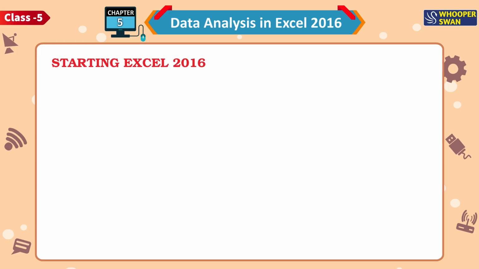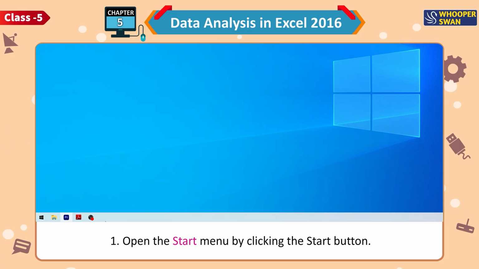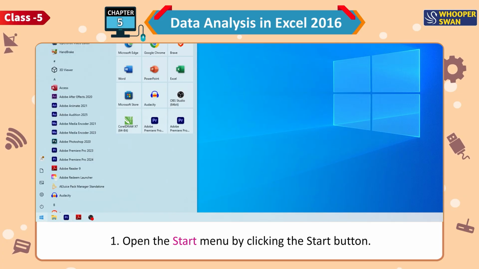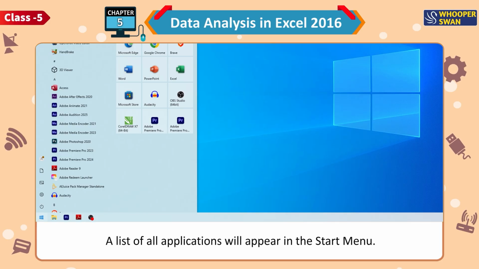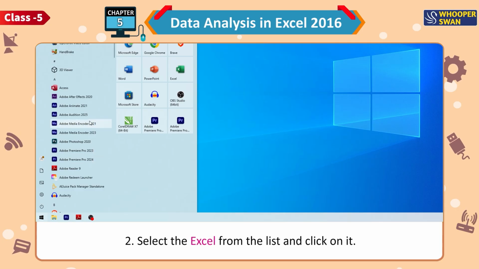Starting Excel 2016. Follow the steps to start Excel 2016. Step 1. Open the Start menu by clicking the Start button. A list of all applications will appear in the Start menu. Step 2.